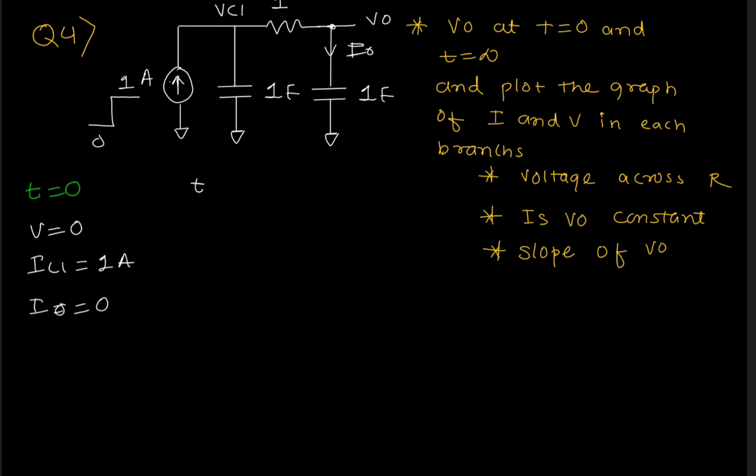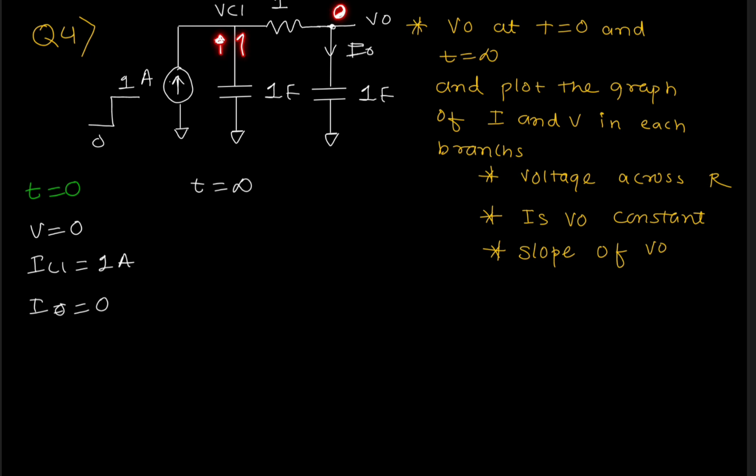And at t is equal to infinity, now check what will happen. But before moving to t is equal to infinity, I would like to share some concept here. See, this voltage is getting charged due to the current. So this voltage will be increasing, and this is at 0.